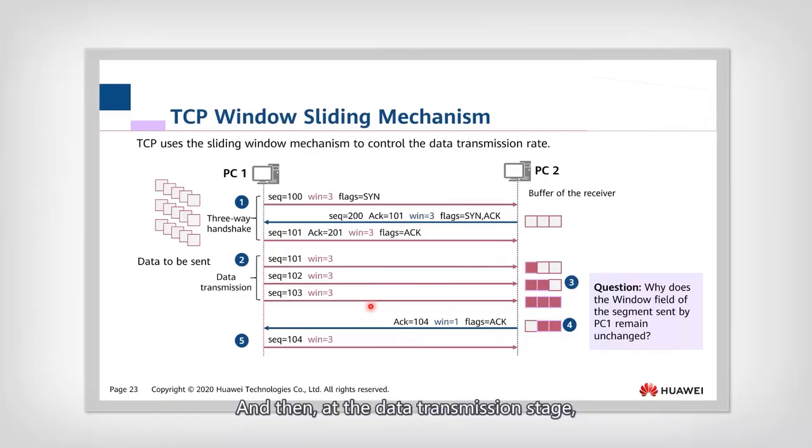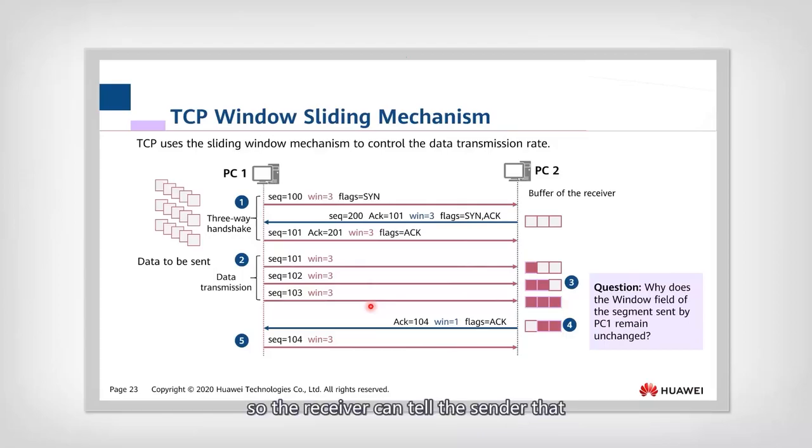Then at the data transmission stage, the sender can send at most 3 bytes. The receiver puts each byte into the buffer and waits for the upper layer to obtain the bytes. Here, for example, the buffer is full, and then the upper layer has obtained 1 byte, so there is 1 empty byte.